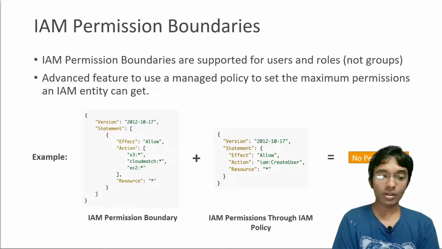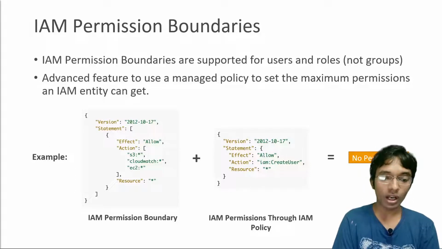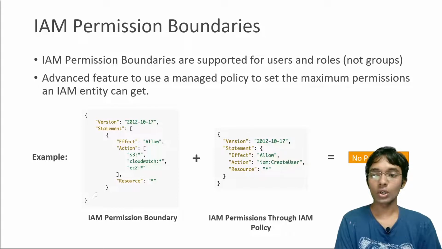Even though the action iam:CreateUser is authorized in the policy, the permission boundary only allows permissions on S3, CloudWatch, and EC2, so the user will have no permission.